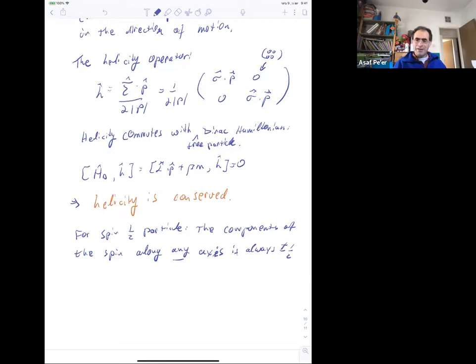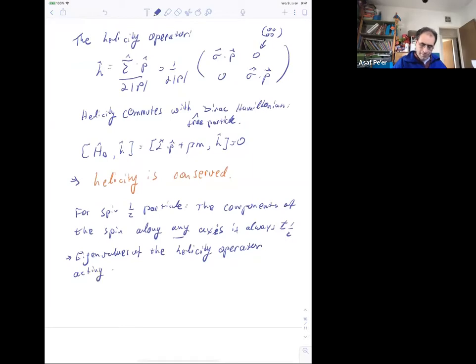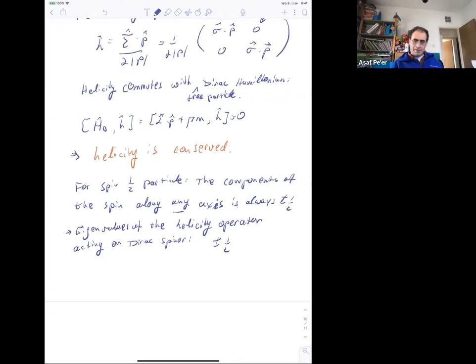So the eigenvalues of the helicity operator, which acts on the Dirac spinor, are always going to be plus minus 1/2. These are the only eigenvalues I can get. Right. So the two possible helicity states of a spin 1/2 fermion, plus or minus.